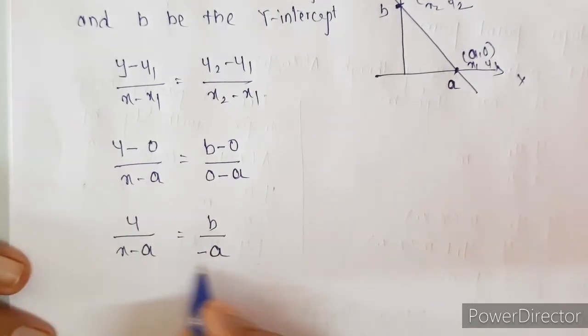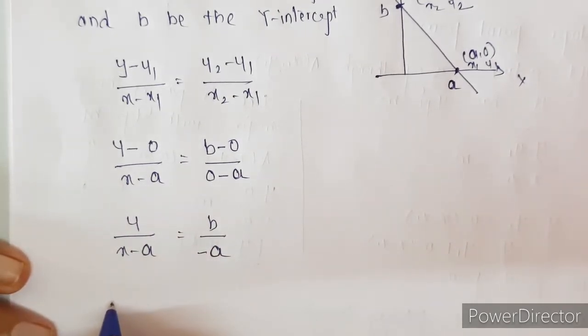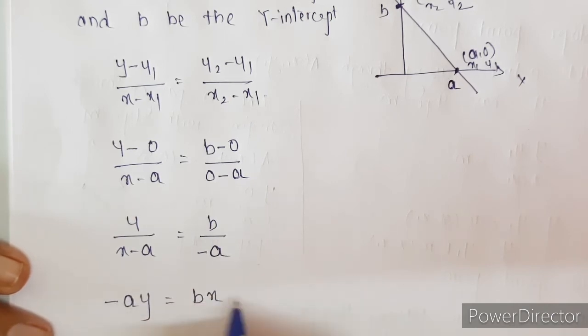I'll just cross multiply, so this will be minus a times y equals bx minus b times a.